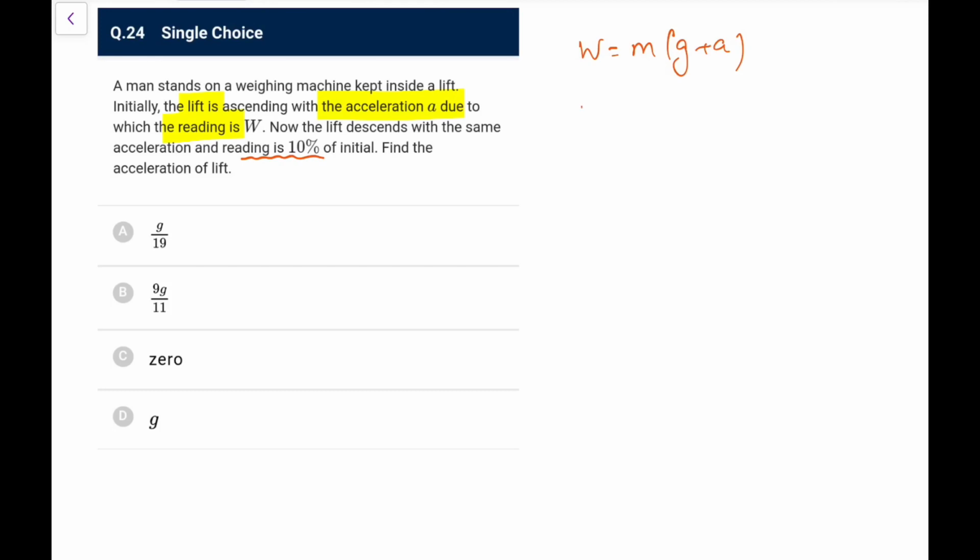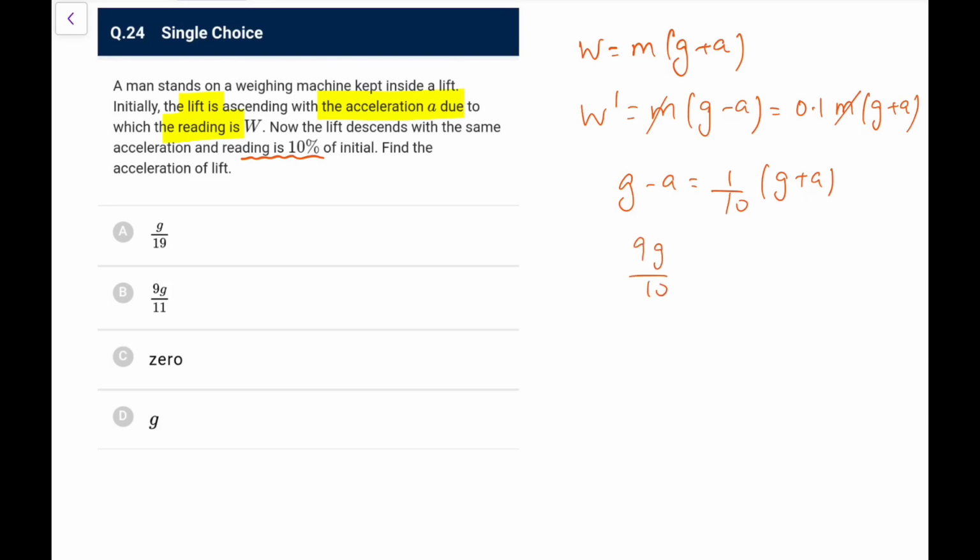So when it descends, W dash would be equal to mg minus a, and this is 10% of initial, that is 0.1 times mg plus a. So m and m go, and g minus a is 1 by 10 of g plus a, that is how you can write. So 9g by 10 is equal to 11a by 10, so acceleration comes out as 9g by 11. So option B would be the correct one.